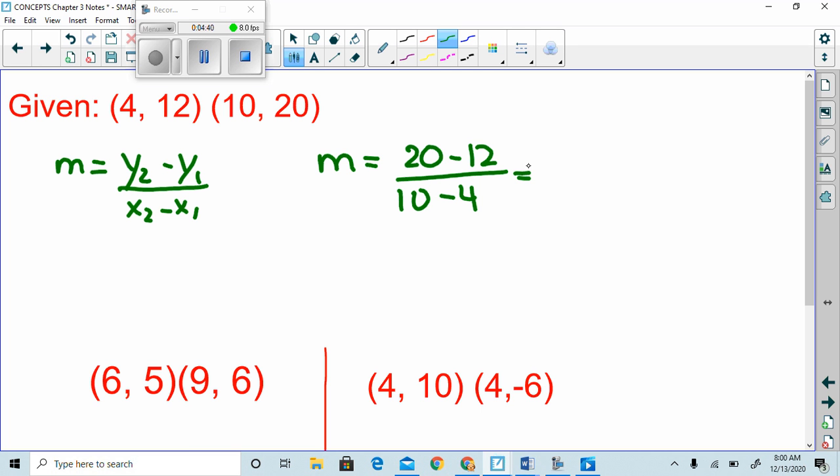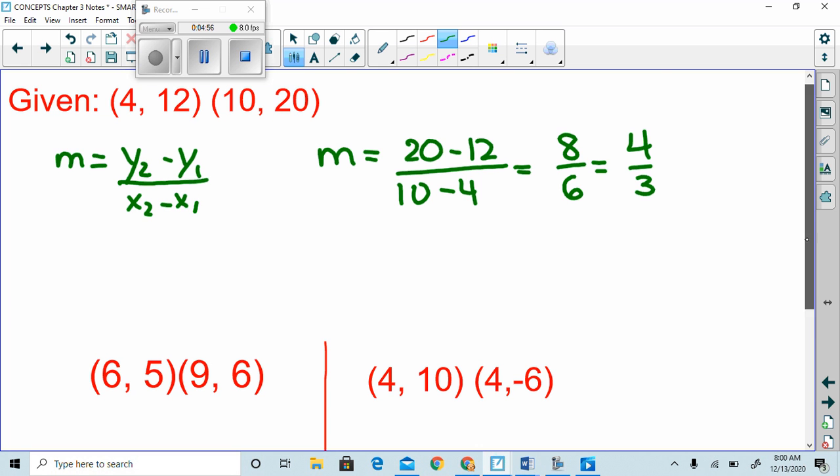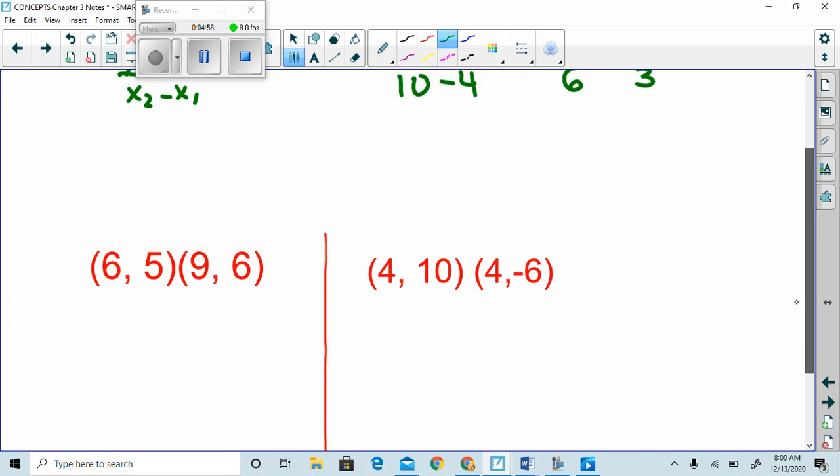Go ahead and find that change. That changes the difference. I'm going to get 8 over 6, which simplifies. I'm going to keep it as a fraction because it's a ratio. Divide by the common factor of 2. I'll get a 4 to 3 ratio, and there's my slope, and it's positive. Let's try 1 or 2 more.